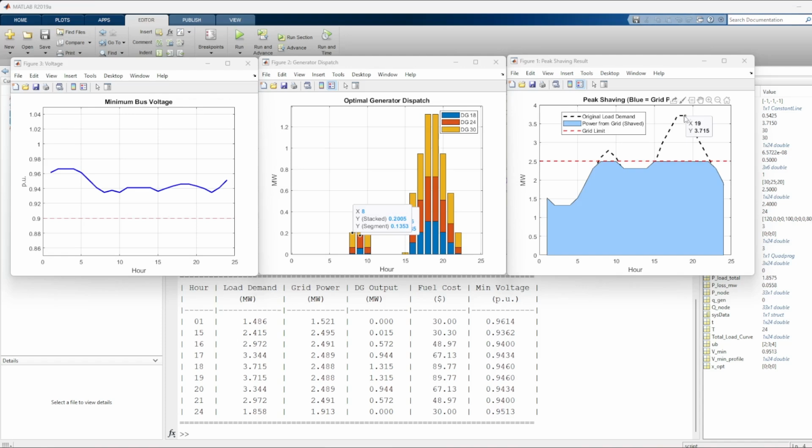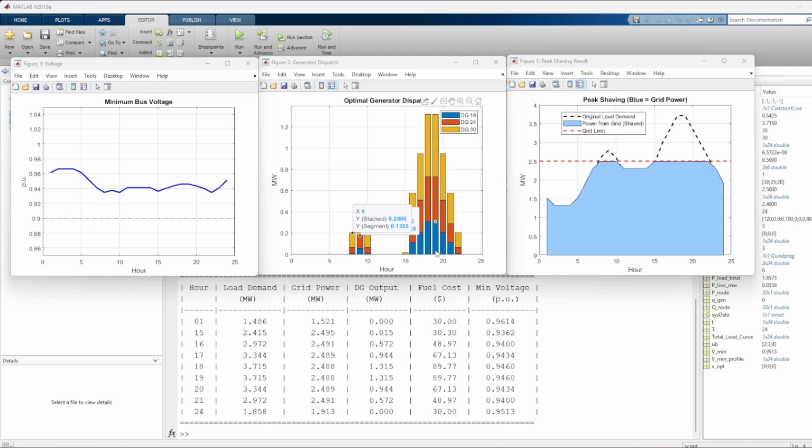At the 19 hour we have a load demand of around 3.715, which you can also see here, 3.715 at the 19 hours. Our load demand is this one, but the power we are taking from the grid is 2.488, as our grid limit is 2.5, and the rest of the power we are taking from the diesel generators, which is 1.315.